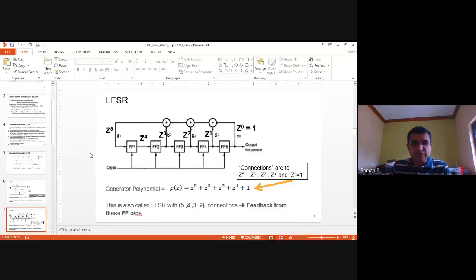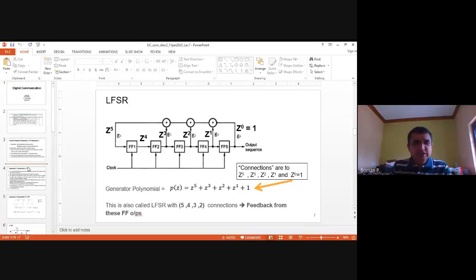I think that is not mentioned in our syllabus also. So we'll talk about how the generator polynomial is made from this circuit, or how the circuit is made from the generator polynomial. The maths involves some advanced topics like Galois field and arithmetic in Galois field. That we are not going to deal with in this lecture.